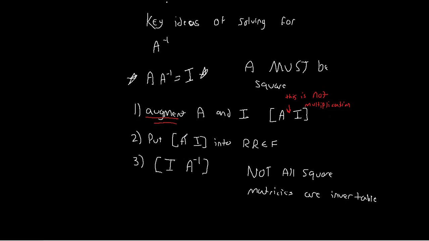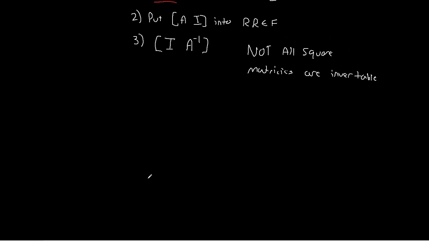Notice the order here: A is in front of I. After reduced row echelon form, I is now in front of A. This change in order is important. So I want to go through a couple of quick notes, and then in the next required video, we'll go through some examples.